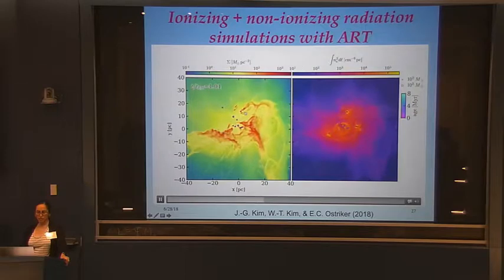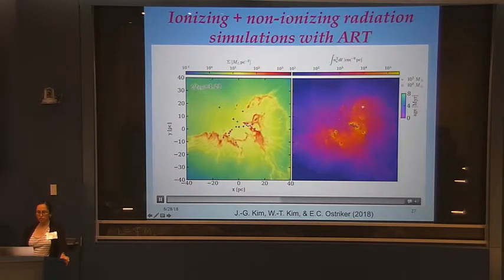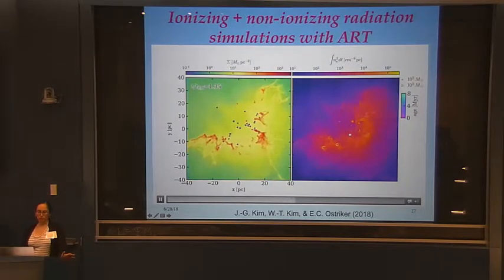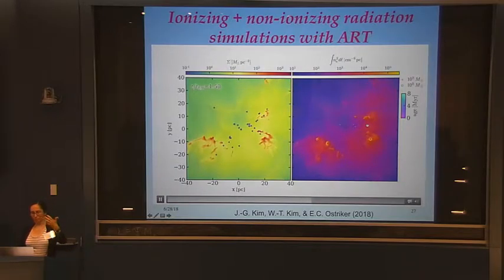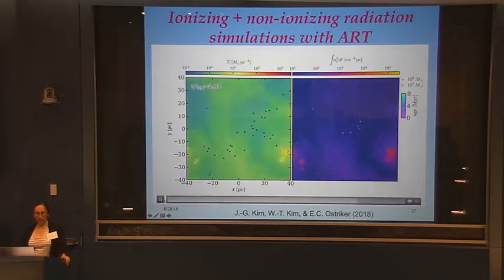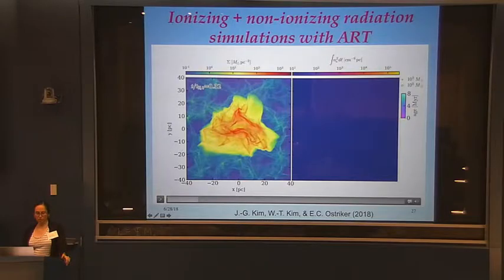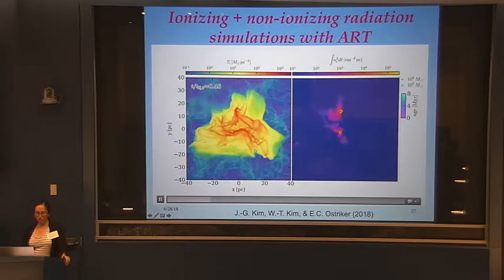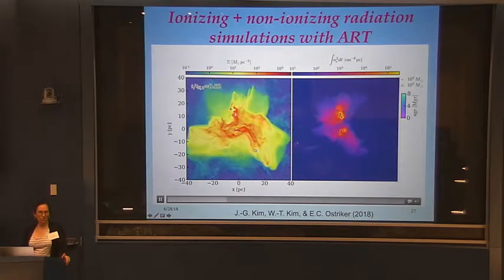Gas is being expelled. What's shown on the right here is the emission measure, which is used in observations, and this is a measure of how much gas is ionized. And you can notice, I'll play that again. You can notice that, first of all, you don't see any Stromgren sphere here.